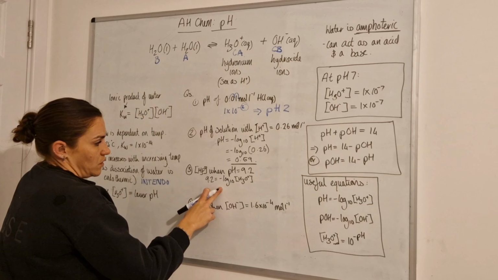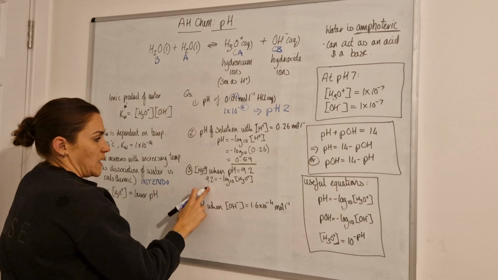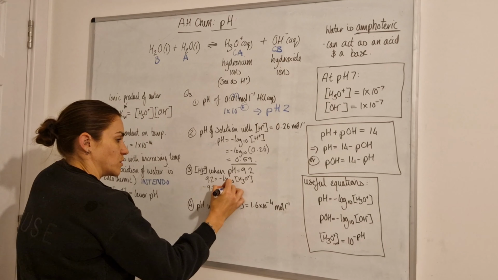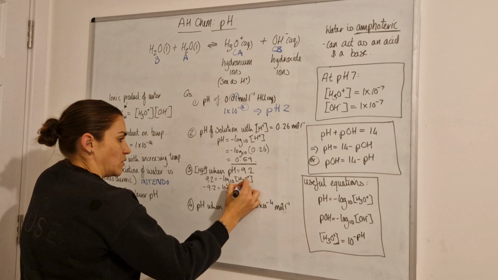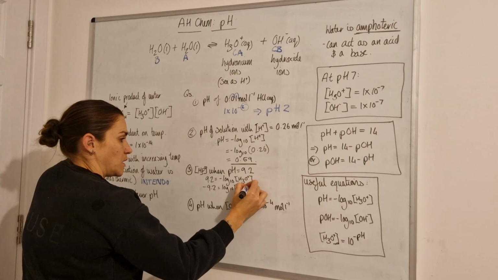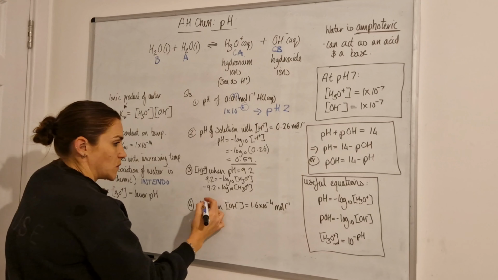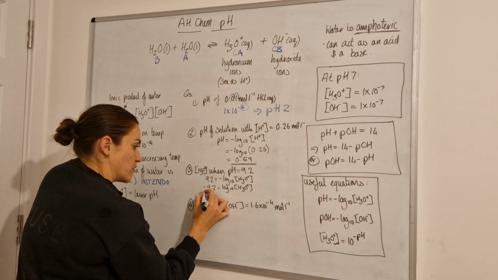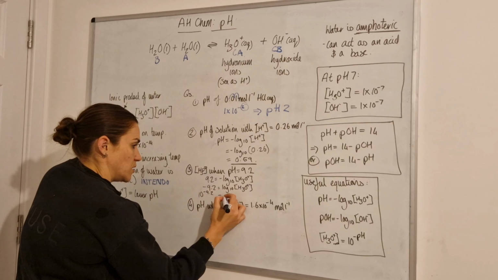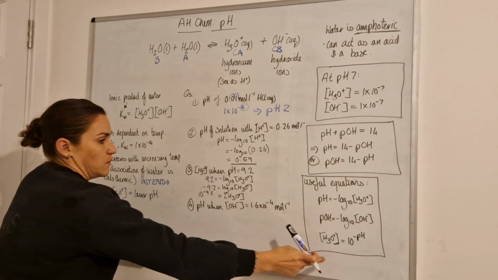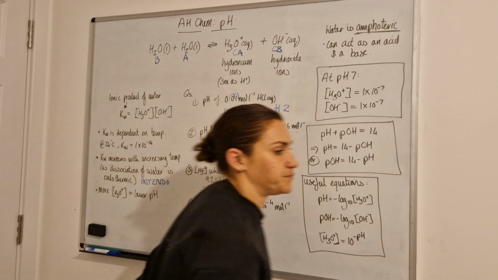So we need to take the negative across first, so that becomes minus 9.2 equals log base 10 of H3O positive. And then the inverse of a log is 10 to the power. So it would become 10 to the power of minus 9.2 equals H3O positive. So as you can see, we've ended up with that, but it's just back to front.